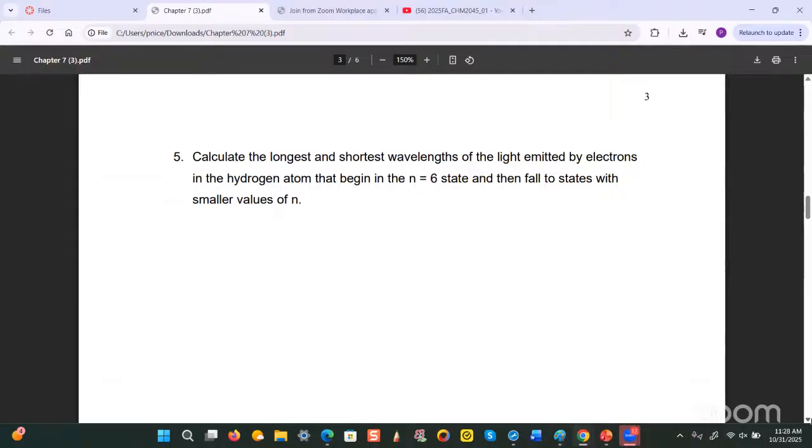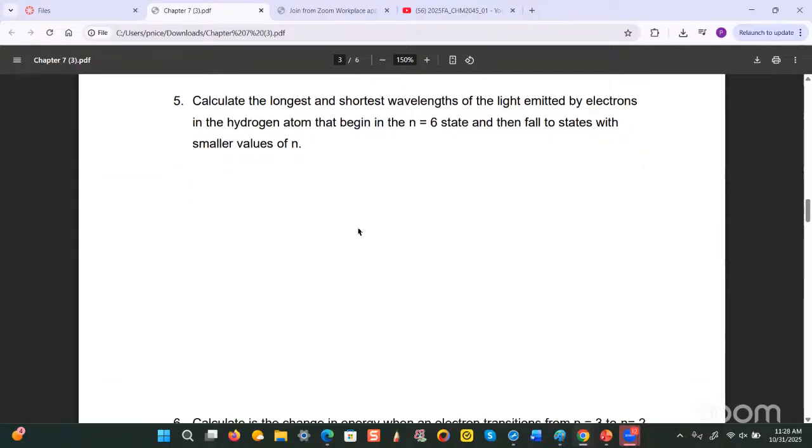Okay, so this question is asking you to calculate the longest and shortest wavelength of light emitted by electrons in the hydrogen atom that begin in n equals 6 and then fall to states with smaller values of n. Now, I just showed you this equation: delta E, the energy change in the transition, is equal to hc over lambda.